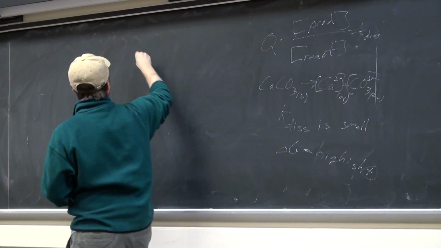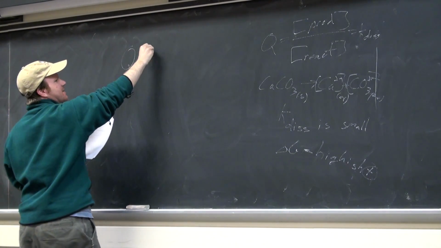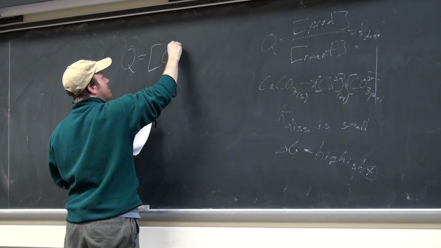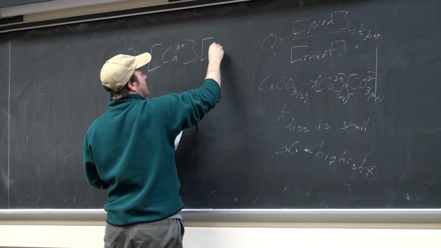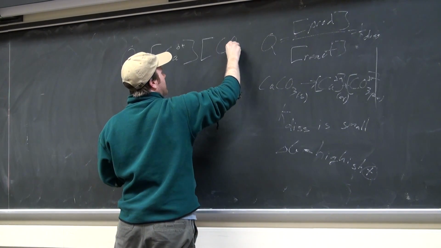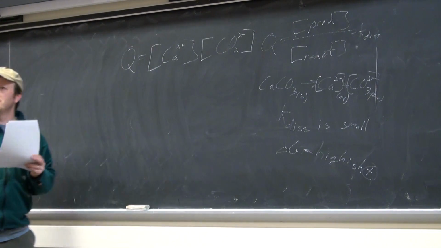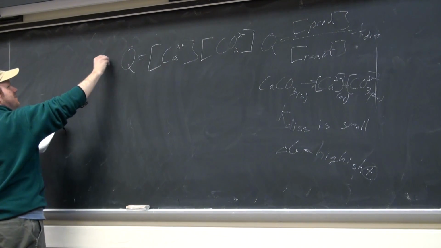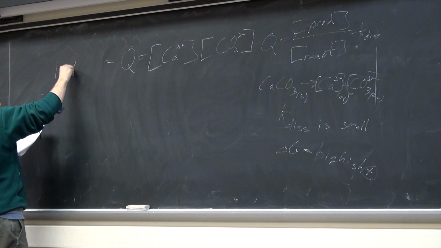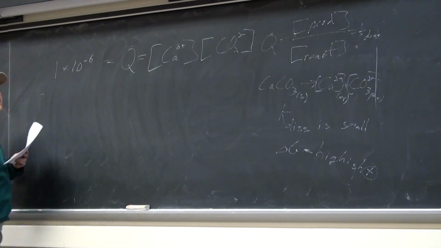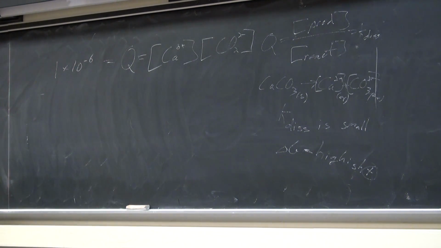So what's the Q for that reaction? This is the Q, and it's sparingly soluble, so it's going to be a small number, 1 times 10 to the minus 6. Thanks, Professor. Yeah. Does Q have any units? No. Does K have any units? K_eq? No.